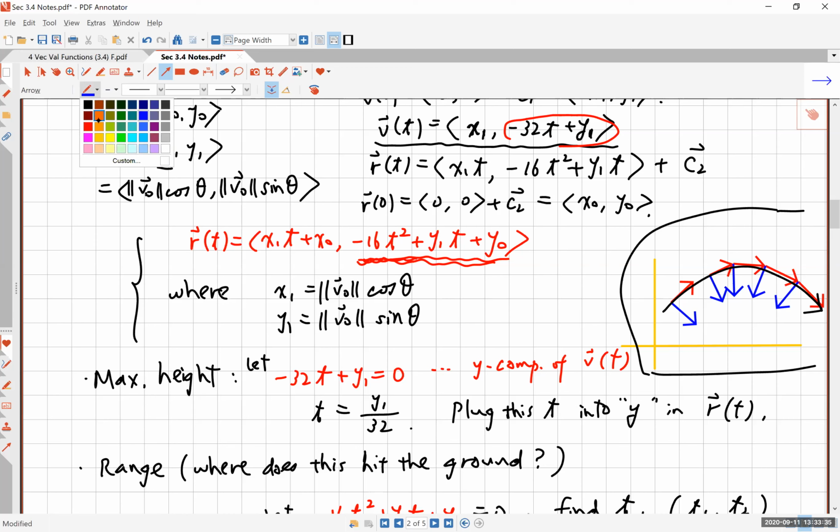All right. But what I want to express here, okay, so this is color coding. All right, so this is N, okay, and the red ones are T. Okay. And of course, you can talk about the binormal if you like. But what I want to show you here is that gravity is always going down. Okay, so that's what g is, the acceleration.